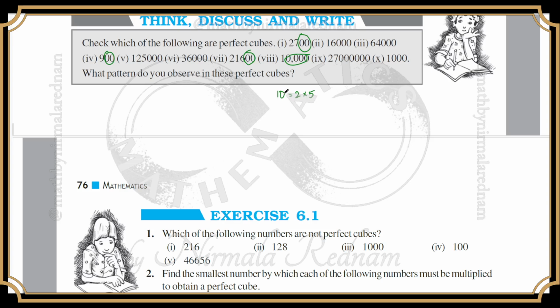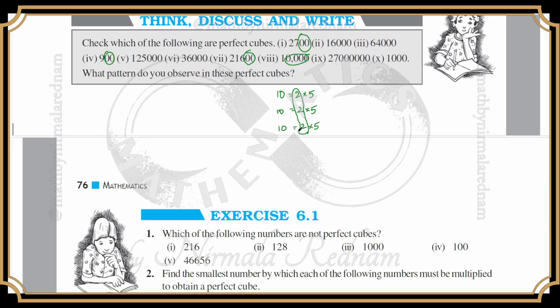Okay, so I will need another 10 in order to pair it up in the case of a square, right? In the case of a cube, I need one more 10 in order to pair it up as a set of 3. Okay, think about it. If you remember, till now I kept on cautioning you that you should always make sure that you are doing a prime factorization, as in a product of prime numbers.